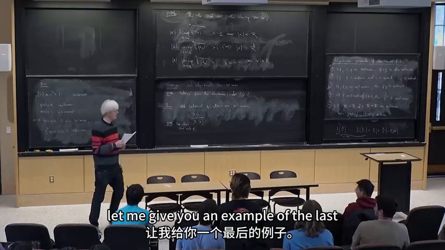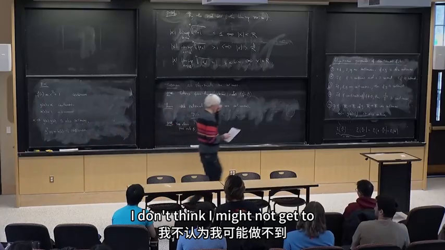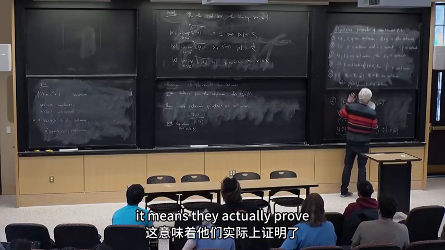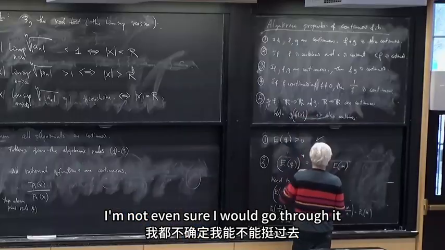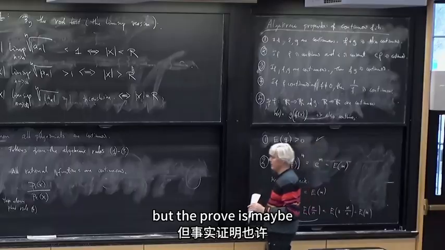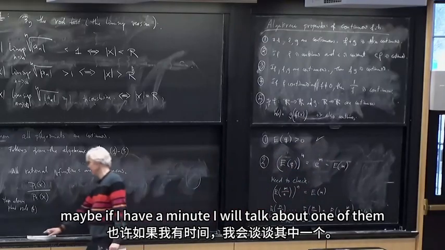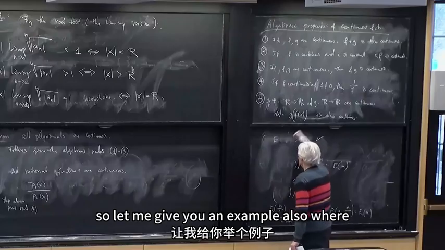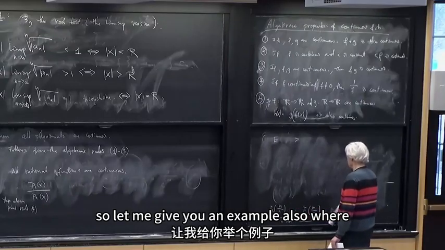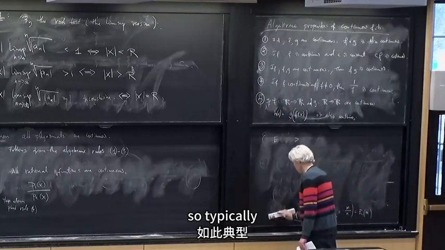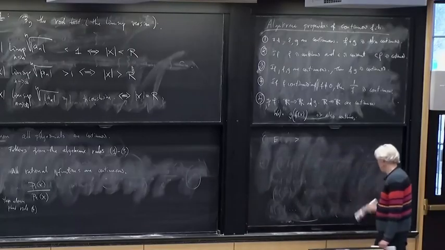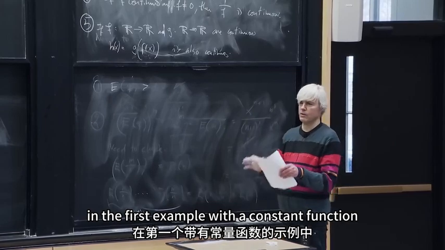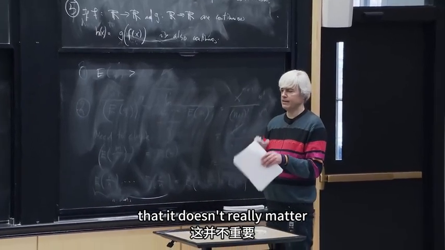Let me give you an example of the last. I might not get to proving this, but that's fine. Maybe if I have a minute, I will talk about one of them. So let me give you an example where, typically, it's highly unusual, like in the first example with a constant function, that it doesn't really matter.